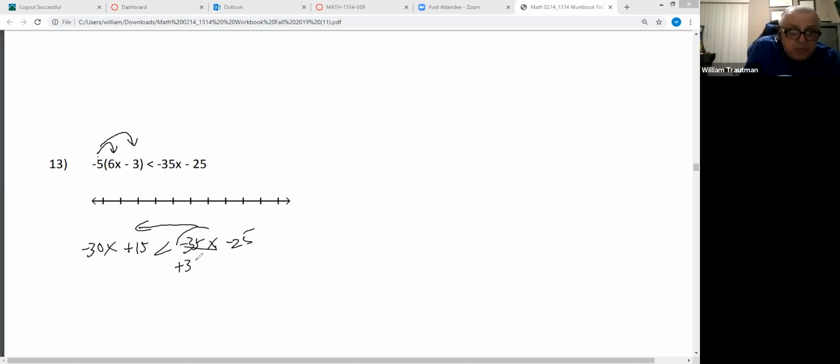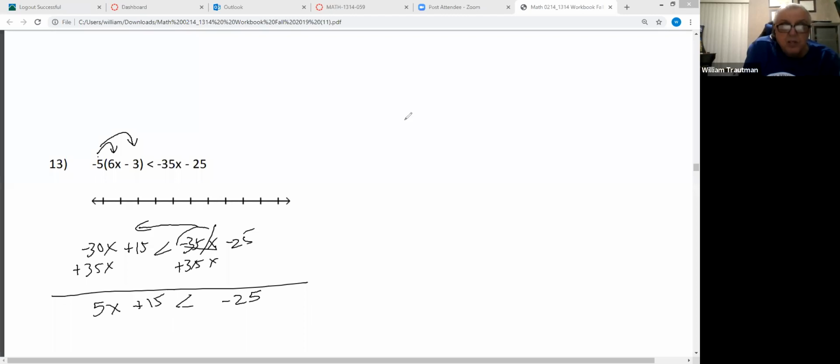You have to do the opposite, add 35x. When I do that, I get 0 here, and I get negative 25. The arrow stays in the same direction. Negative 30 plus 35 is 5x plus 15. All right, so I'm left with 5x plus 15 is less than negative 25.